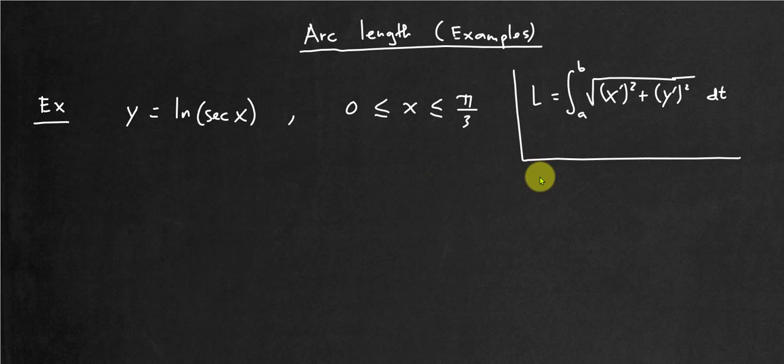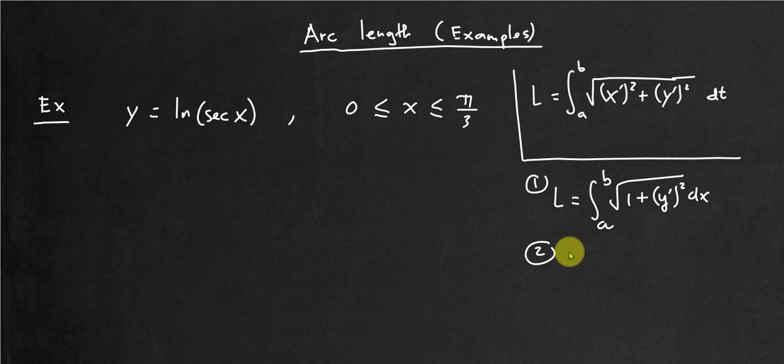Or we can have special versions. The length L can be the integral from A to B of the square root of 1 plus y prime squared, dx, where y is just the function f of x between the points A and B. You can also have another special version from A to B, where we take the square root of x prime squared plus 1, and this is dy, where x is a function of y and y is running from 0 to b.